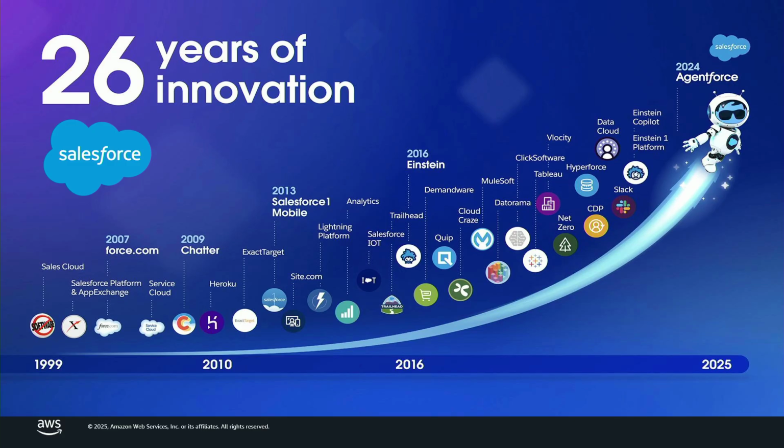Starting from there, we have the Salesforce platform. In 2016, we introduced one of the most important innovations, the Einstein platform, which brings predictive science, machine learning, and automations for all the applications across the board on the Salesforce platform.